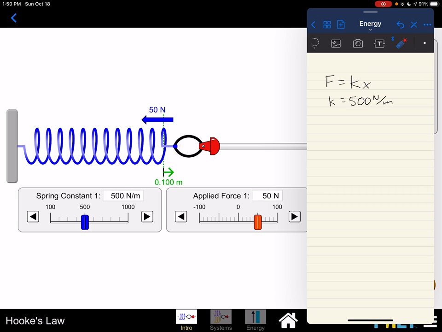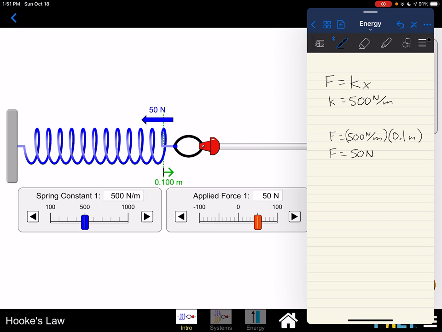That makes sense if we use Hooke's law: our spring has a spring constant of 500 newtons per meter, and we displace it a distance of 0.1 meters. If we work that out, we get a force of 50 newtons.